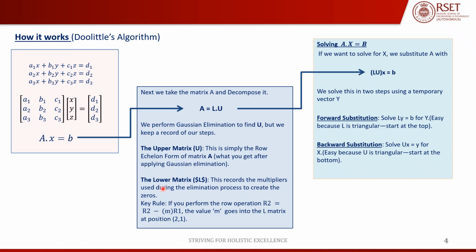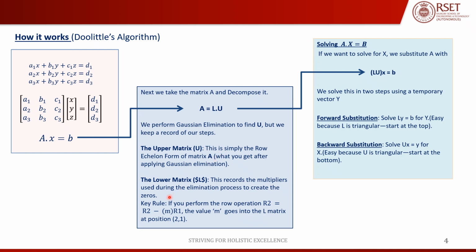And what about the lower matrix? Here, it records the multipliers used during the elimination process to create a zero. I think you will understand this after doing a problem, but here I will just explain it. When we are doing Gaussian elimination, converting a matrix into row equivalent form, we use constants or multipliers to change R2 and R1.